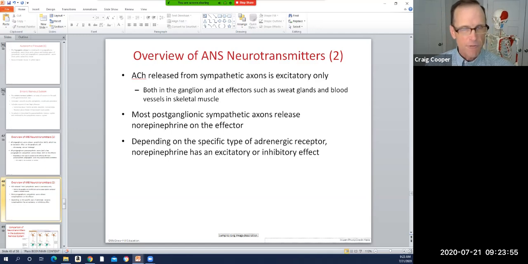So those are the four different receptor types that we're looking at. Muscarinic and nicotinic are types of cholinergic receptors. Adrenergic are a totally different type. Muscarinic and nicotinic are both going to respond to acetylcholine, but an adrenergic is only going to respond to that adrenaline-related compound, norepinephrine.